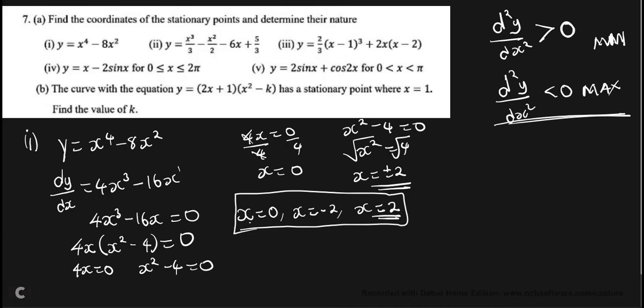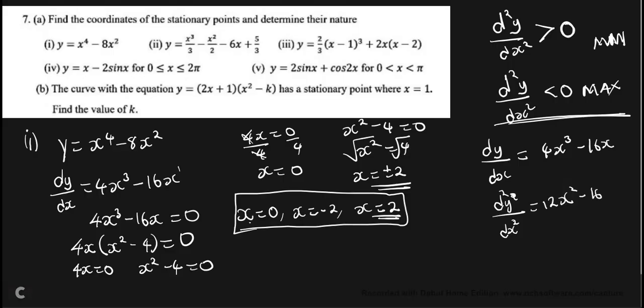Now, let's differentiate this equation for the second time. The first derivative was 4x cubed minus 16x. Differentiating for the second time, it will be 12x squared minus 16.